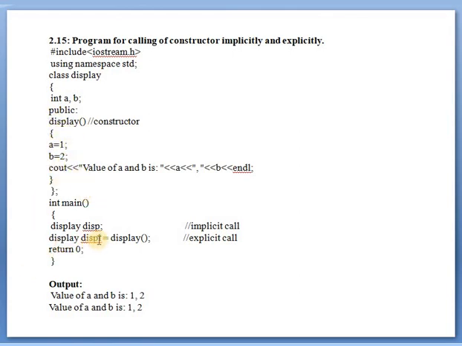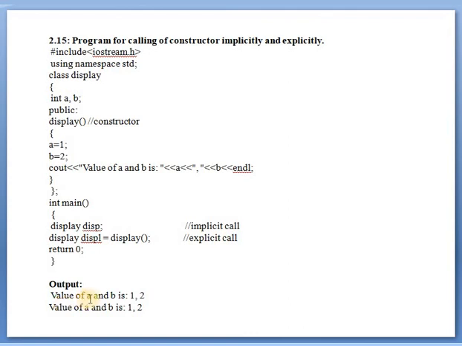Next, display disp1. This is the second object of the class, disp1 = display(). This is explicit because here we are writing the constructor name, calling the constructor explicitly. Here there is no need of calling the constructor because it is implicit, and again it will display the output: value of a and b is 1, 2. Return 0.